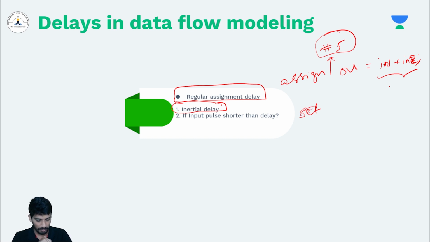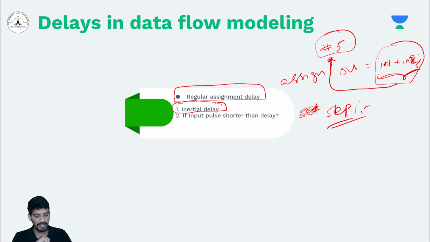Basically, when you write this expression in Verilog, the Verilog will follow the following steps. First, it will check the inputs. If there is any change in inputs, then it will see if there is any delay inside the statement. If there is a delay, then it will wait for this particular amount time of delay before actually calculating this expression and putting the result in the output variable.